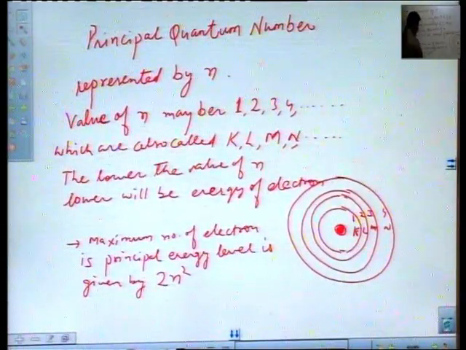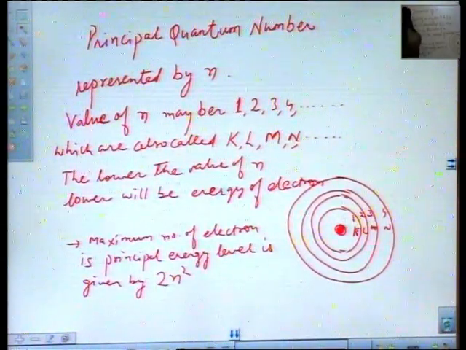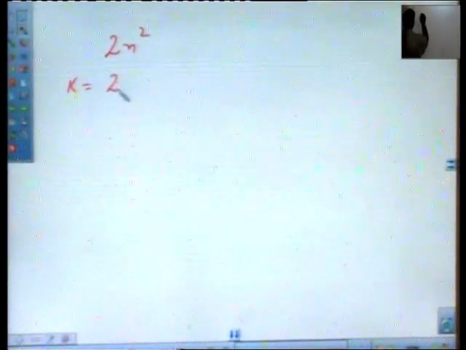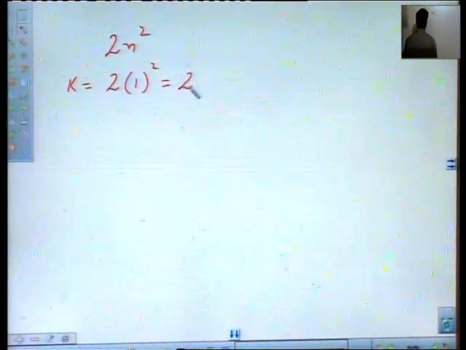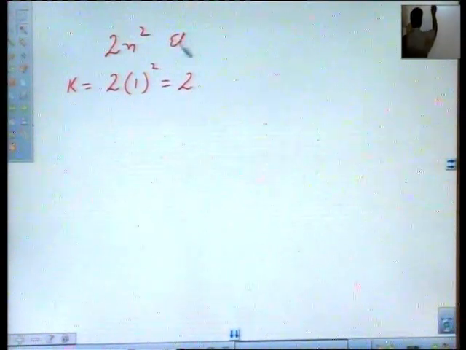For example, if we fill the values in 2n square, for the K shell the value of n is 1, so there are 2 electrons in the K shell.